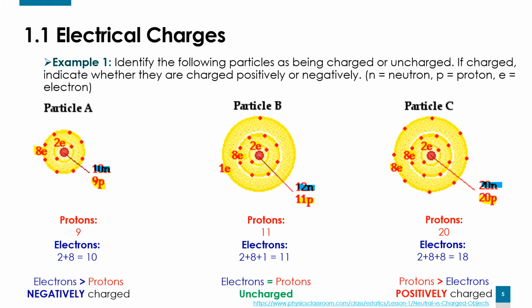If the neutrons have no charge at all, there is no purpose for me to look at the neutrons. So to do this kind of exercise about charge, you don't need to worry about neutrons. Just ignore them. Even though the exercise gives the information, you don't need it. Because neutrons have no charge at all, so they have no influence on the charge of the particle. Okay, so let's go to the next example.